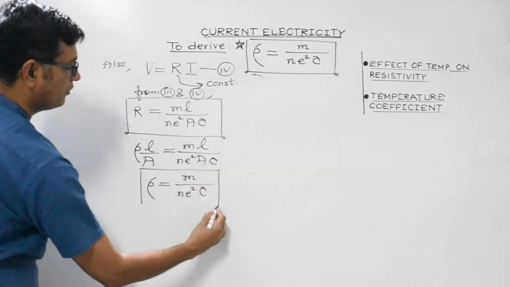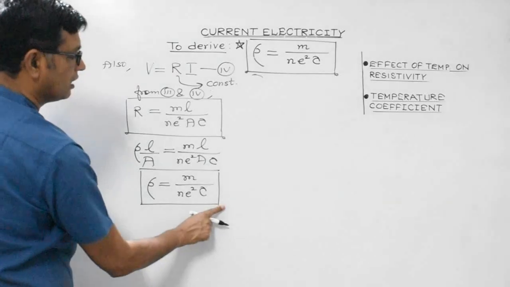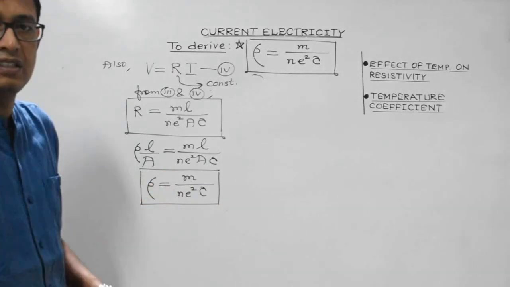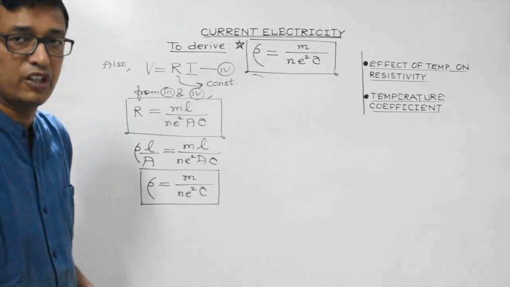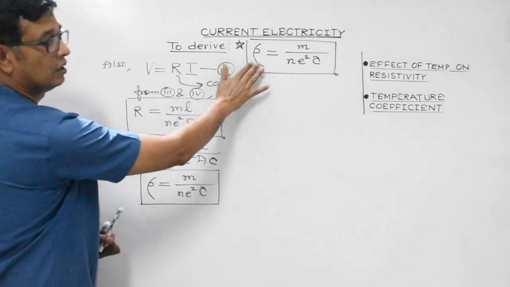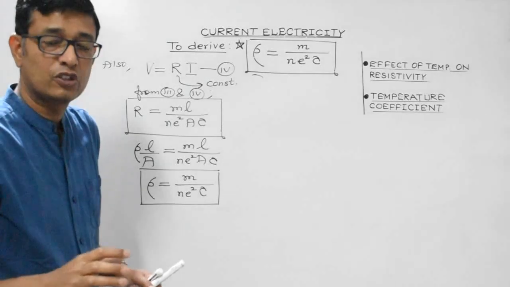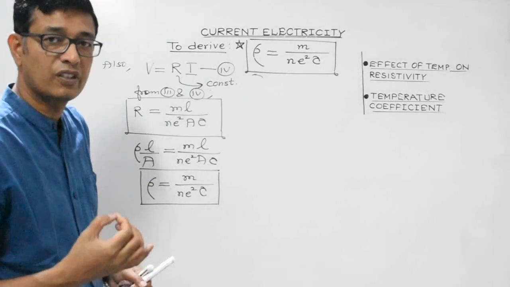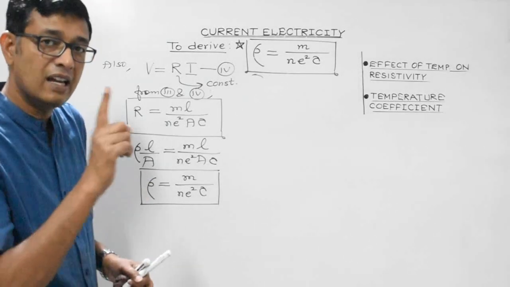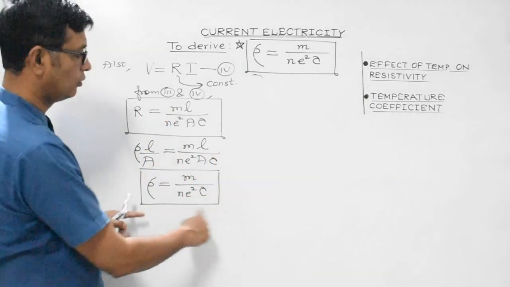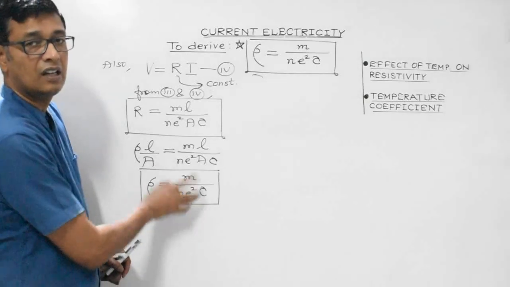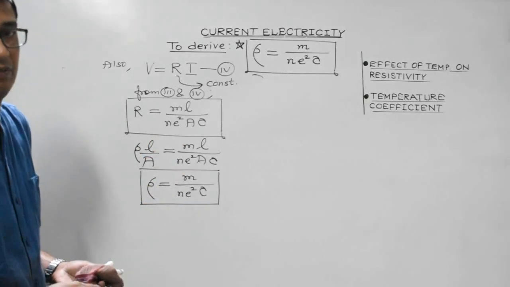This is a very, very important expression, and the derivation of this article is very much expected in the board examinations, right? So the resistivity, which is also known as the specific resistance of a conductor, is given by m over n e square tau. So this is the mathematical formula relating the resistivity and the average relaxation time.